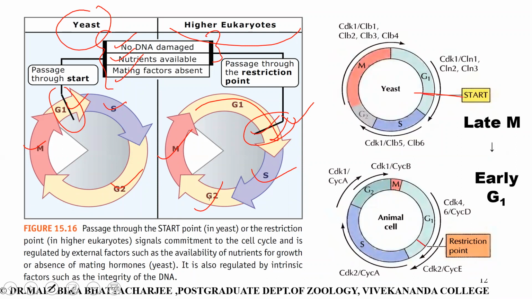Once more, the checkpoint is called start in yeast and restriction point in higher eukaryotes.